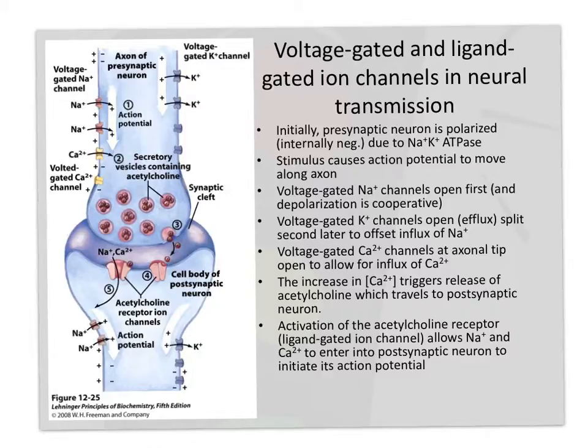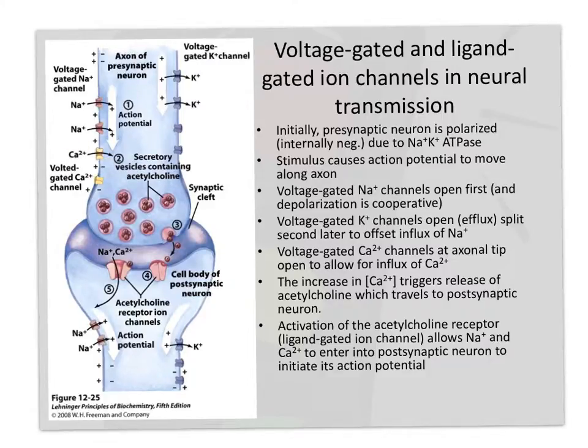Typically, for the action potential to occur, it starts in the presynaptic neuron and then follows down to the postsynaptic neuron. First, the sodium ions flood in whenever the channels open, and that causes the potassium ions to flow out. It's called efflux. But there's a fraction of a second difference between the two. This flows down the axon until we get to the calcium.